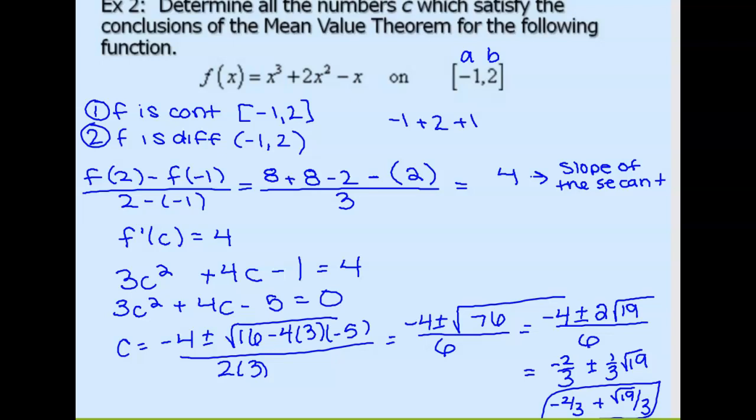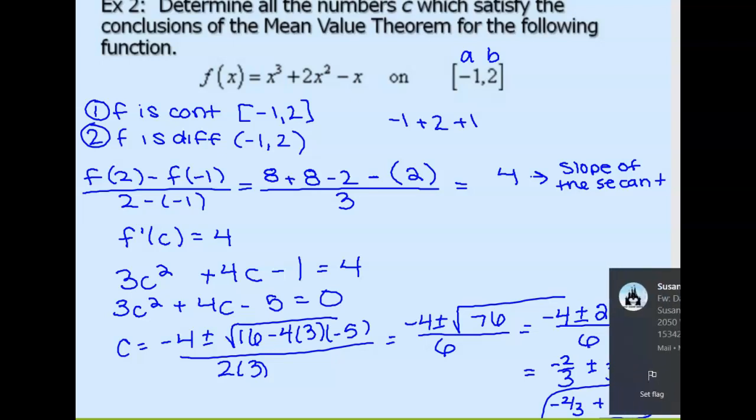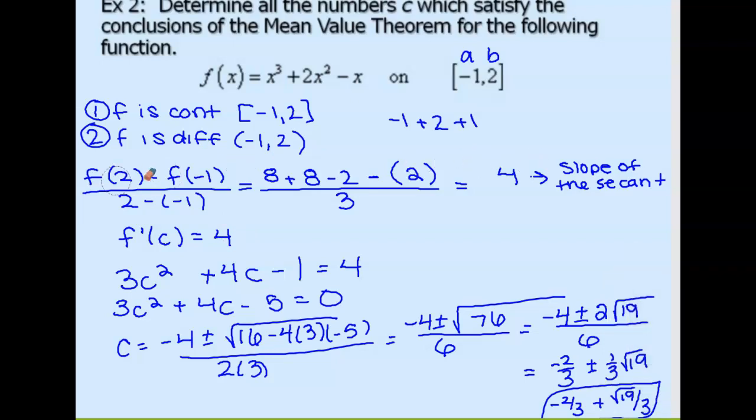So again, we start with, is it continuous? Then, is it differentiable? Then, if both of those are true, you find the slope of the secant. So in this case, the slope of the secant was 4. That's my f prime of c.